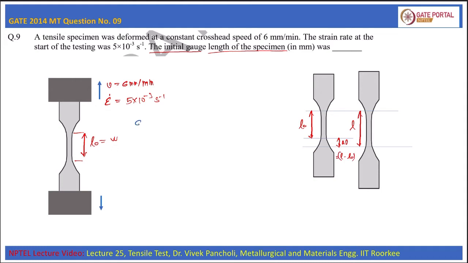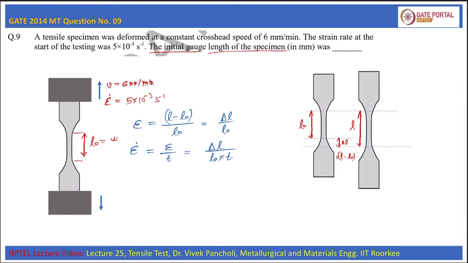So the strain epsilon can be written as change in length, that is L minus L0, divided by initial length, that is delta L by L0, and the strain rate epsilon dot is equal to strain per unit time. So it is delta L by L0 into T.